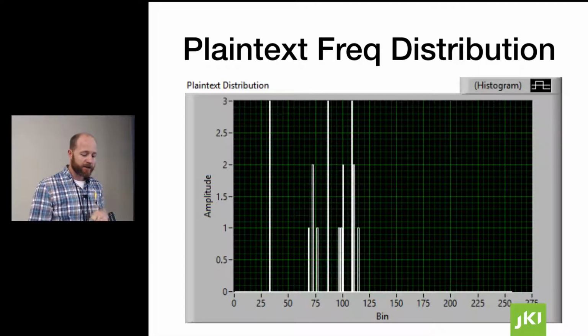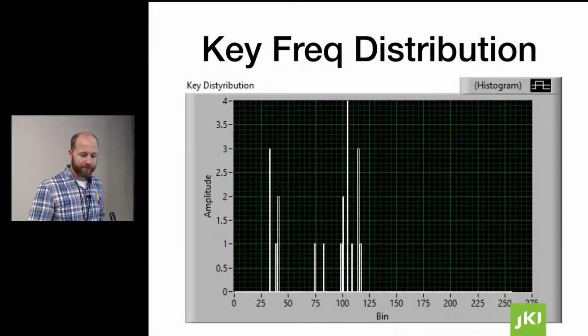If we look at the plain text frequency distribution, we can see that those bytes have 256 possible values, but mine are really just all clustered here. Again, this isn't a very large data set, but you can definitely see that I'm not using half the space in the total space for a key.